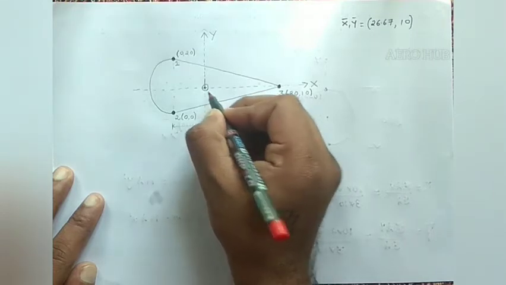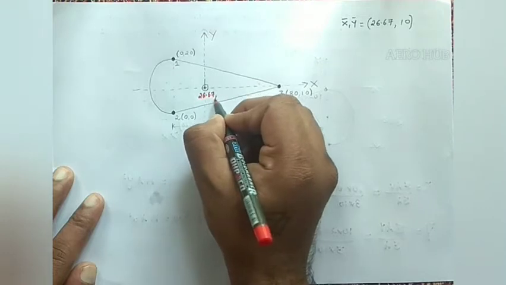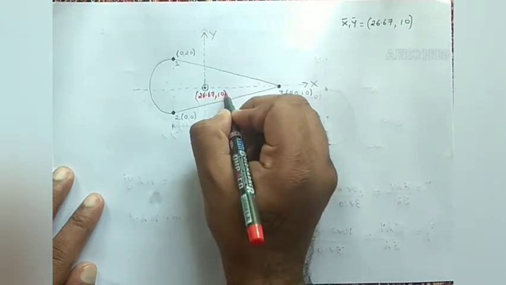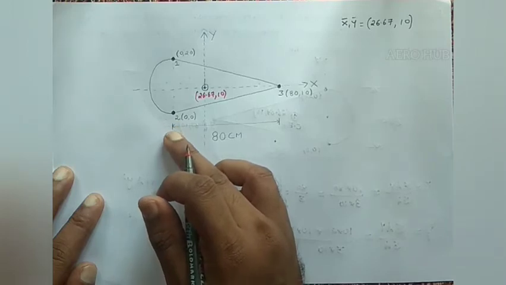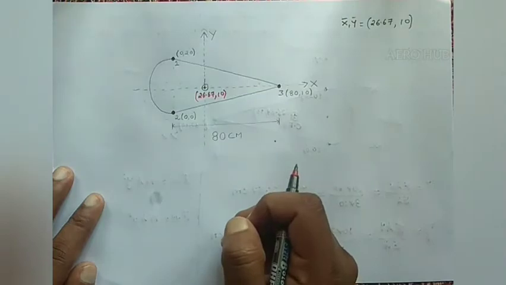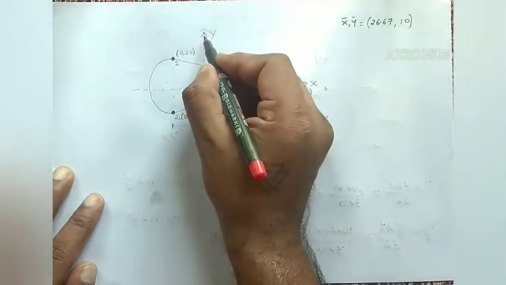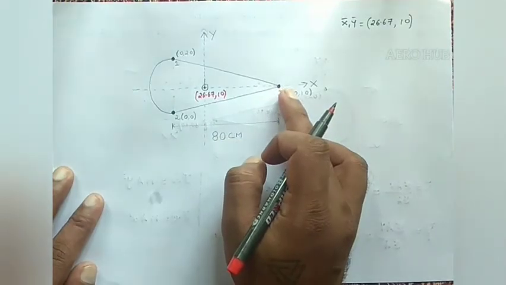Then the coordinate of this one will be 26.67, 10 with respect to the reference axis. Now we have to find out the coordinates of points 1, 2 and 3 with respect to the centroidal axis. You can see an axis passing through this centroid, and this is the centroidal axis, and through the centroid there will be the neutral axis.